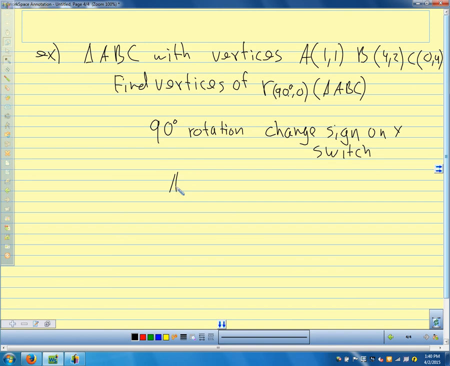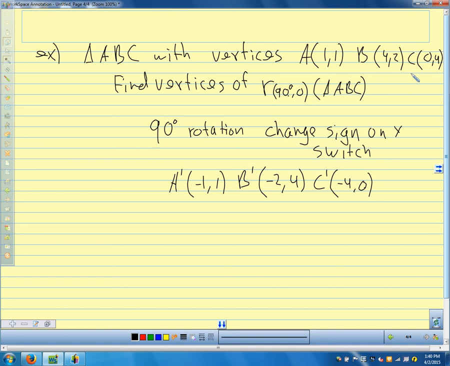So A prime is going to be negative 1, 1. So I change the sign on this and then switch their places. B prime is going to be negative 2, 4. And C prime is going to be negative 4, 0.